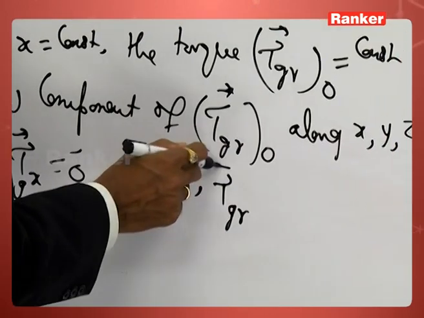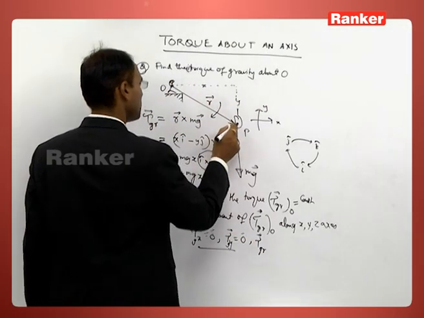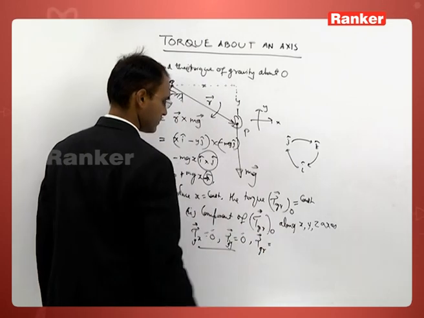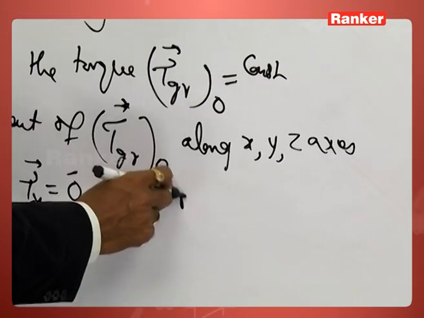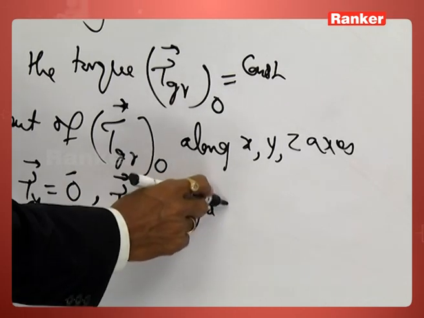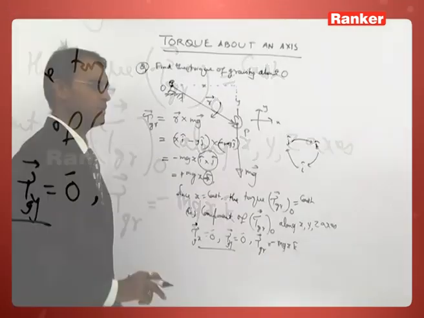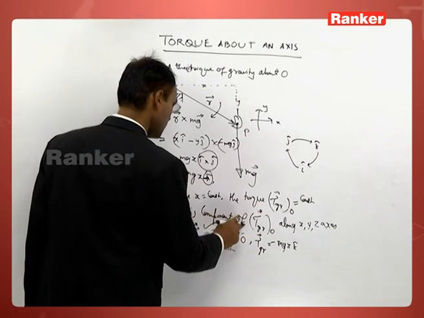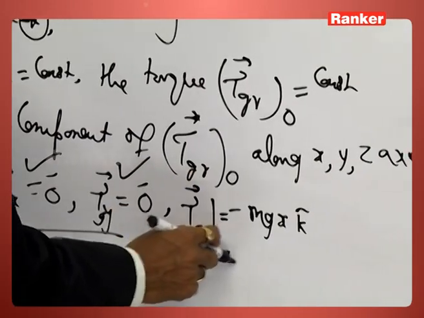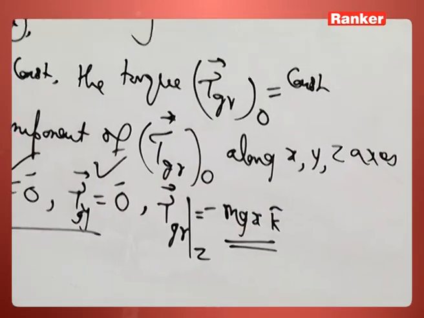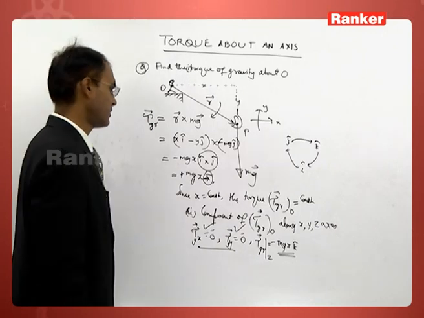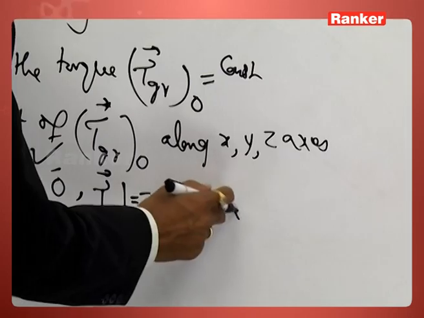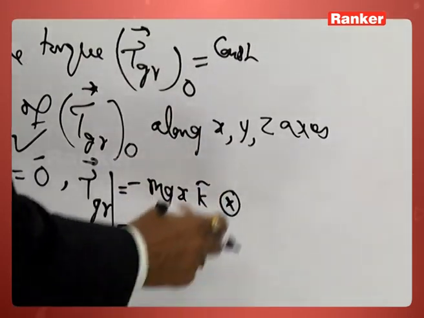So the total torque, the gravitational torque about this point, is entirely directed in negative z direction, with x component 0, y component 0 and z component mgx, and the direction is minus k cap along negative z direction, or in.